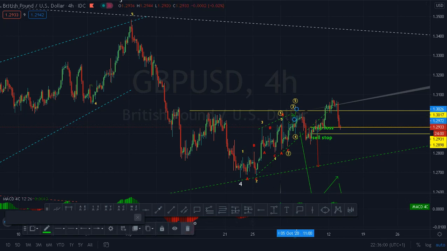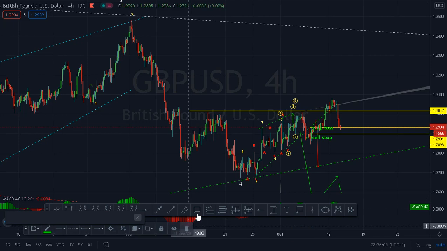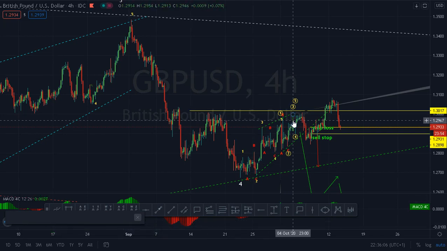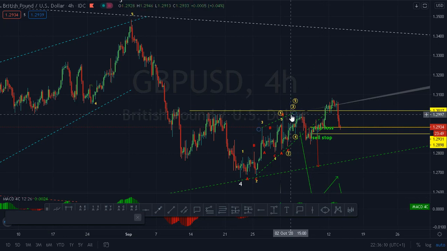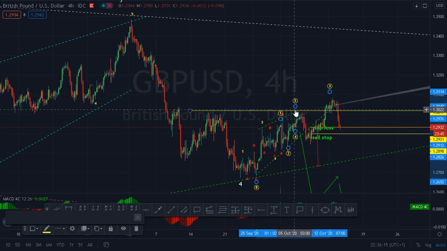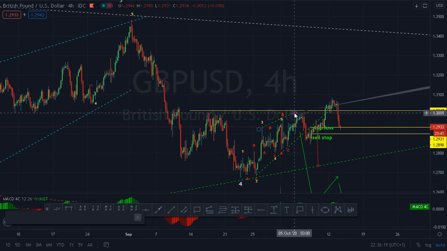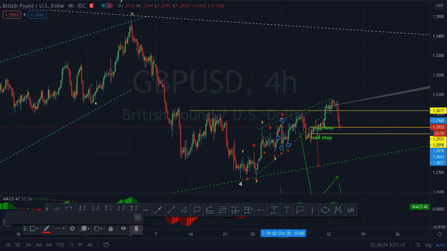So we keep our eyes on how to join the sellers. If you haven't joined the sellers, it's time to look for sell. It's time to look for sell setup. This is a triangle formation.